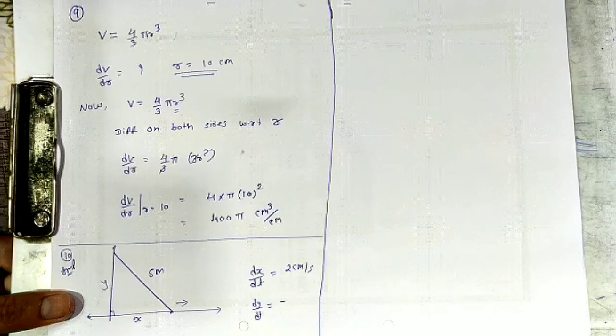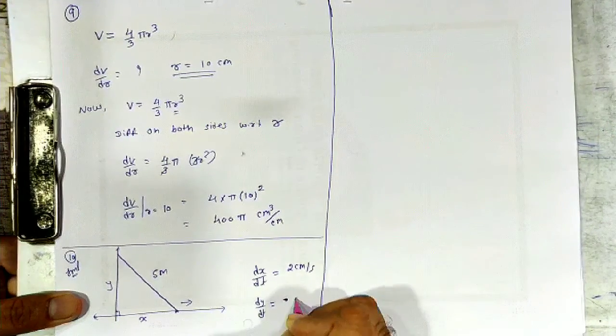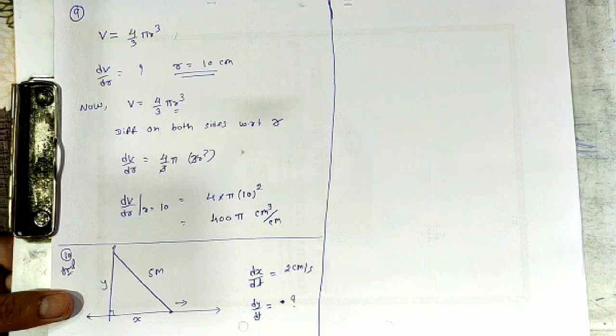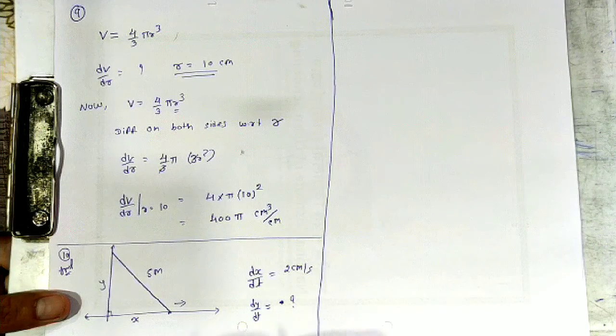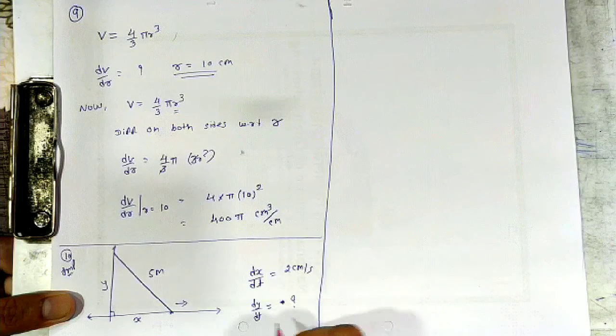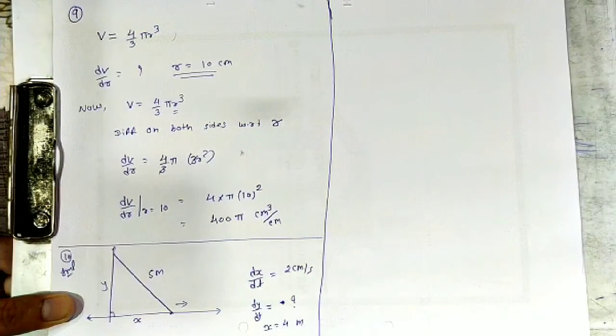That's why you have to consider the negative sign. So you find this height, and it will come out negative. Find the rate at which the height on the wall is decreasing when the foot of the ladder is 4 meter from the wall. That means when this distance x equals 4 meter.